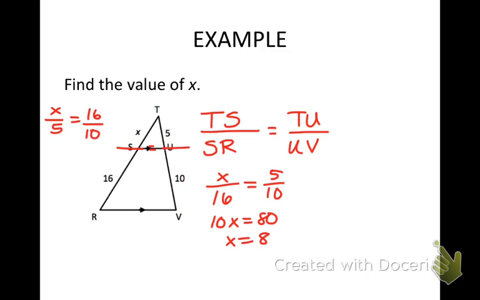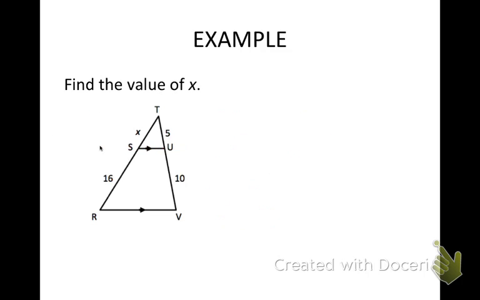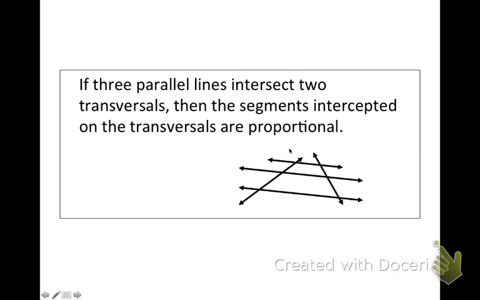So this is the next thing that we're going to be talking about. It doesn't really have a specific name, so you don't have to worry about it. Just write this in the box.